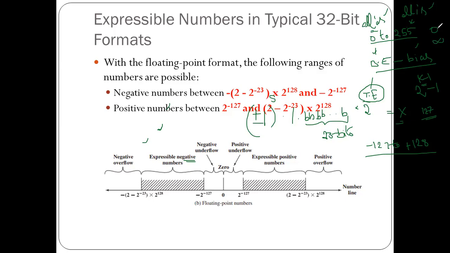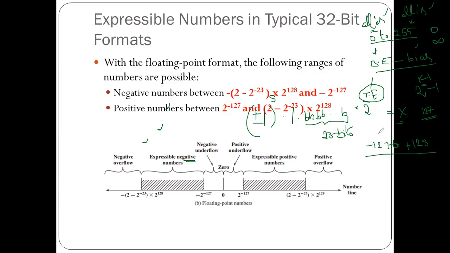So out of 256 possible combinations of biased exponent, 2 are reserved for representing 0 and infinity, right?